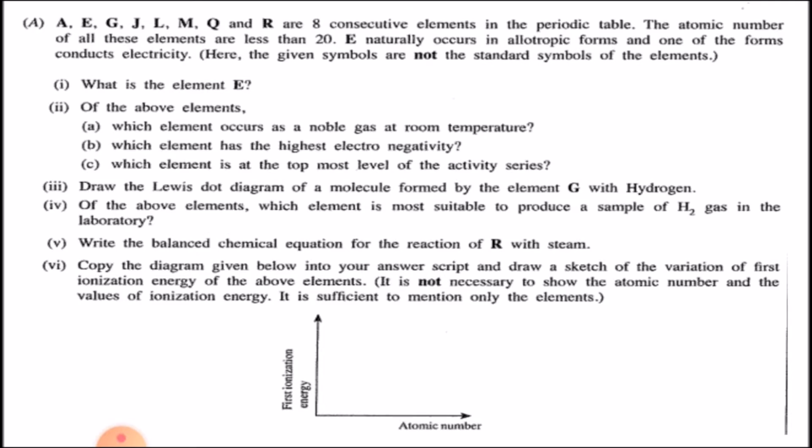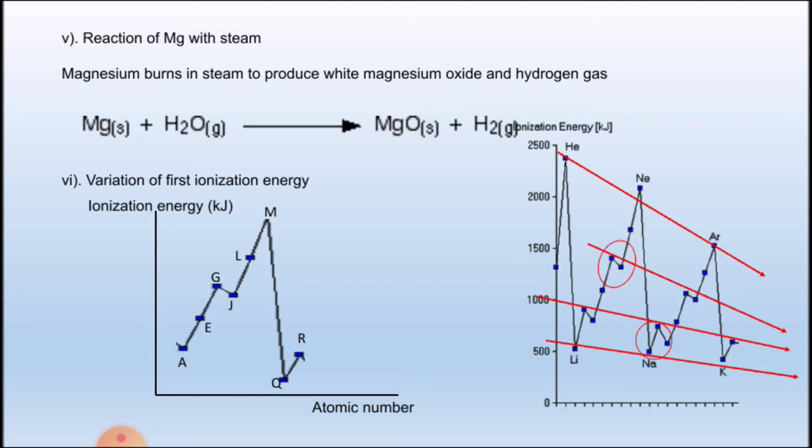Well, on to question number 5. Balance the chemical equation for the reaction of R with steam. This tests your knowledge of the reaction of group 2 elements with water. You know that magnesium reacts with steam to form magnesium oxide, releasing hydrogen gas.